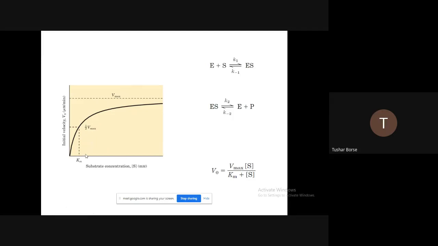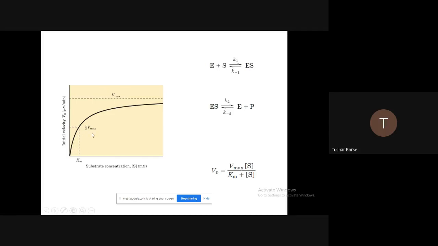Here also you can see that there was a linear increase in the initial stage, which indicates that the reaction is occurring constantly with a constant increase. But then as you go on increasing the substrate concentration, the velocity is not going on increasing in a doubling form.